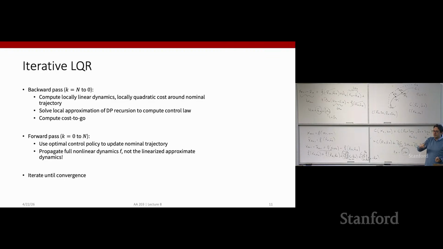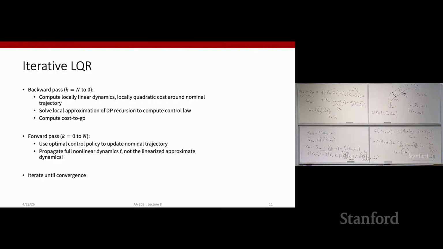Now, something that people sometimes get wrong is when you do the forward propagation of your dynamics, you don't use your linear approximations. You actually use your true dynamics x_{k+1} equal to f of x_k, u_k. Since you know your dynamics and forward propagating dynamics is easy, there is no reason to use an approximation there. So you forward propagate with the exact dynamics.